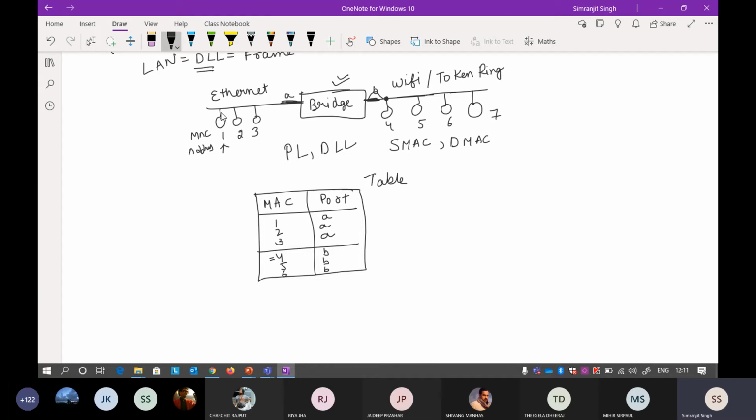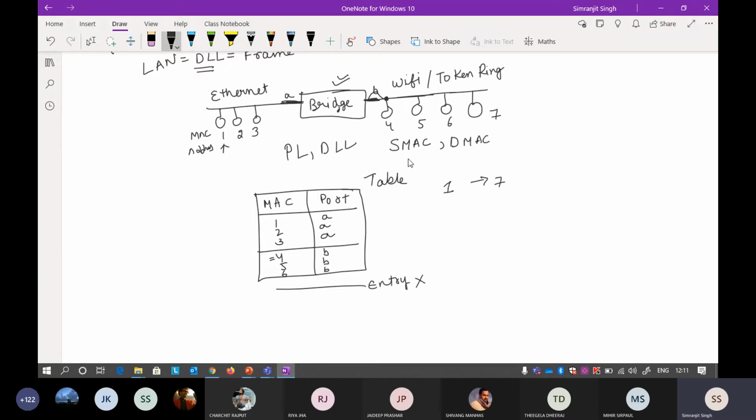The signal will go towards the bridge, that is definite. Now the bridge will look at the MAC address, but it will not find the entry of 7. The entry of 7 is not there.